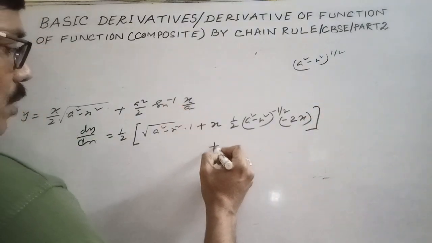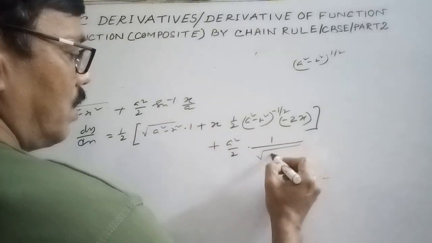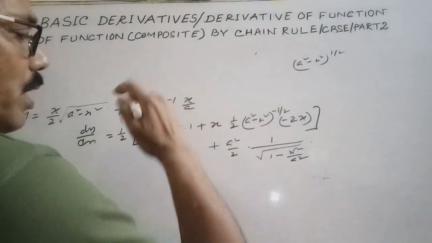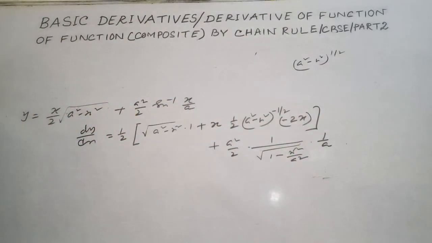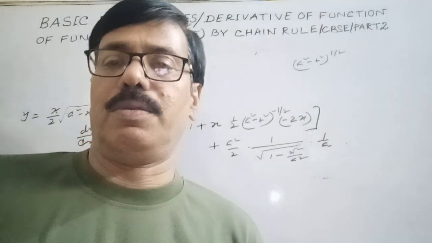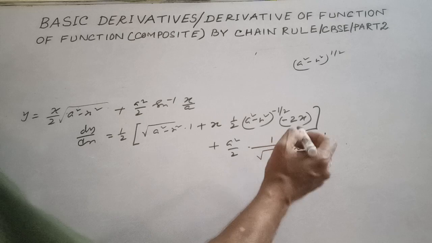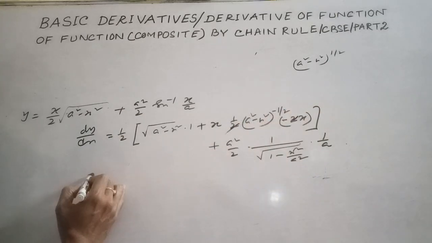Then a² by 2, sin inverse x, root over 1 minus x² by a² into d/dx of x by a. x by a is 1 by a, 1 by a outside, the derivative of x is 1. Then these two cancel.